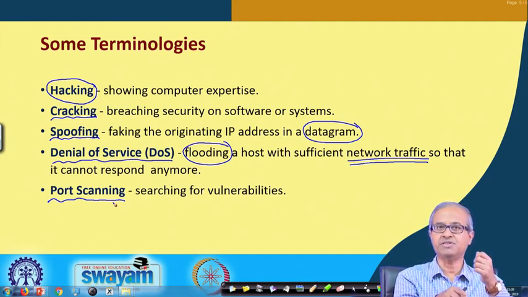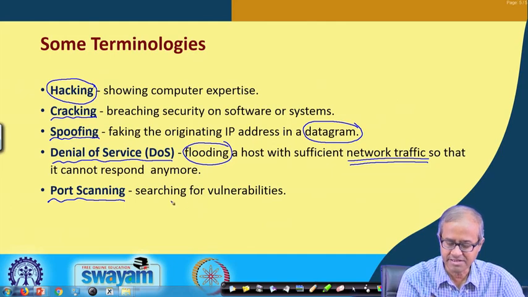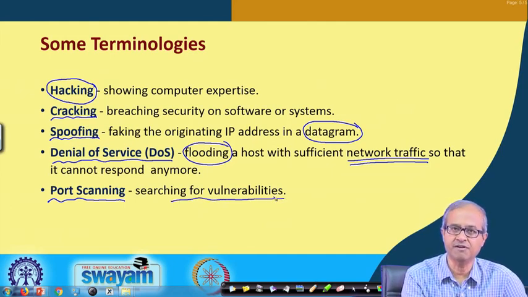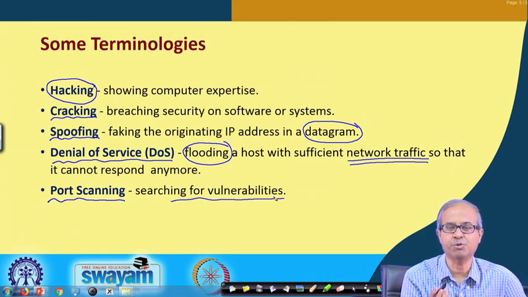So, port scanning is the process of identifying which are the active ports and then searching for the corresponding vulnerabilities, so that you can exploit them. Okay? These are called exploits. Once you identify the ports, you try to find out an exploit through which you can get entry into the system. This is roughly the idea.